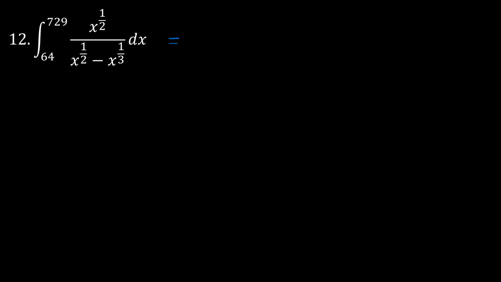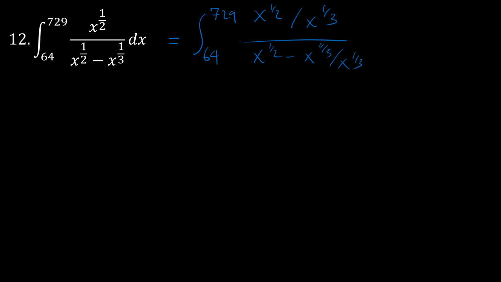So we have our integral from 64 to 729, x to the power half divided by x to the power third, over x to the power half divided by x to the power third minus x to the power a third divided by x to the power third.